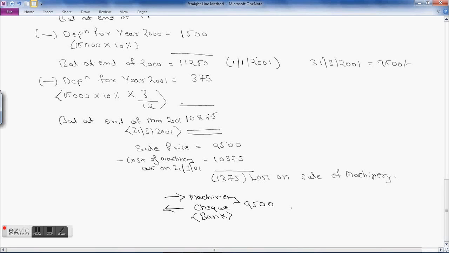So credit machinery account, and bank, debit the receiver, credit the giver, since it's a personal account. So entry will be bank account debit to machinery account 9,500.